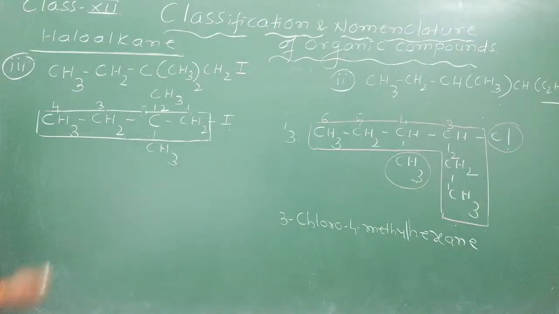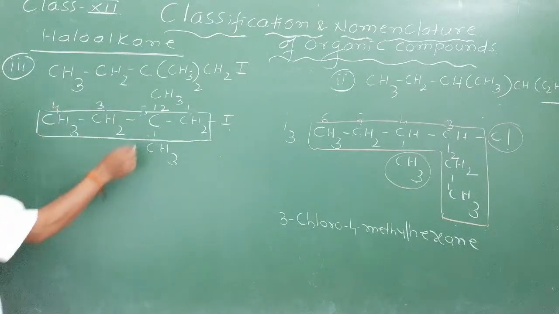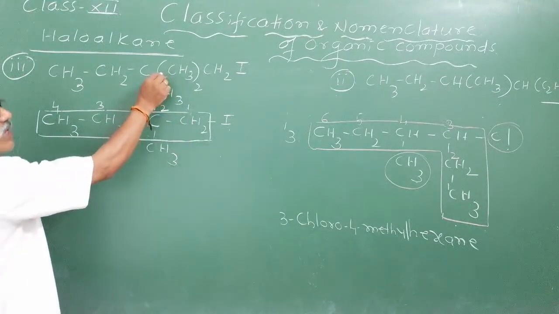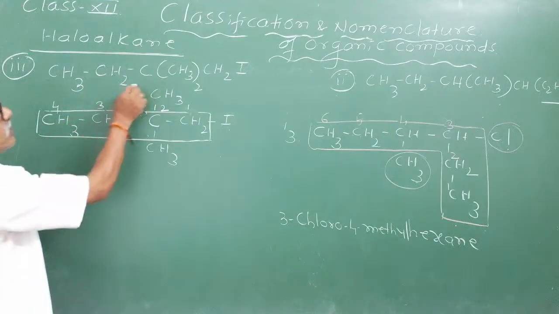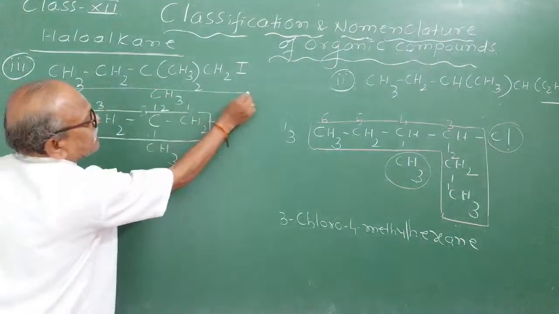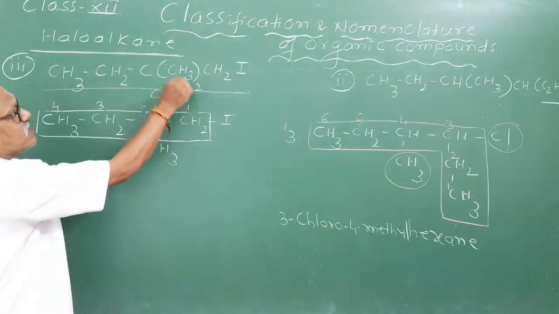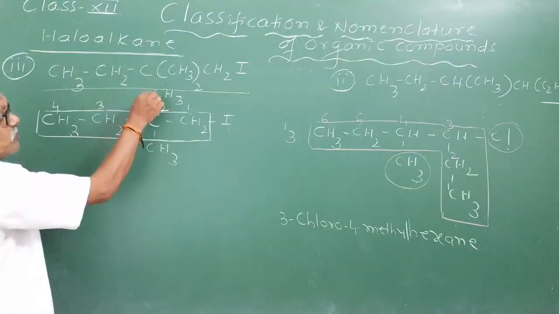Write the IUPAC name of this compound. You can observe that condensed formulas will be given like this. Sometimes they will give structures like this; you have to understand that CH3 twice means these methyl groups are linked to this carbon atom, one above, one below.